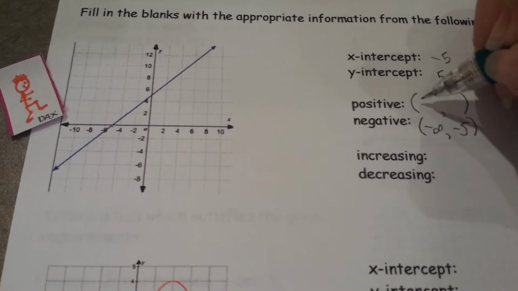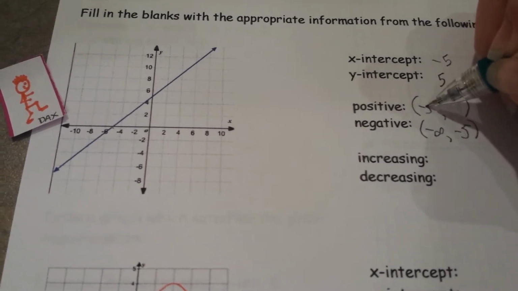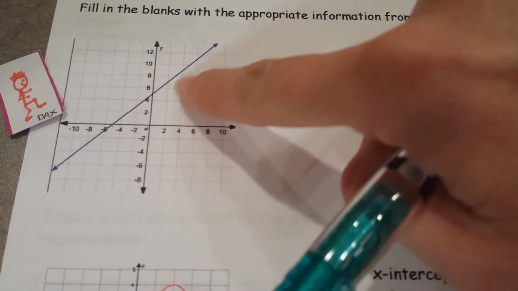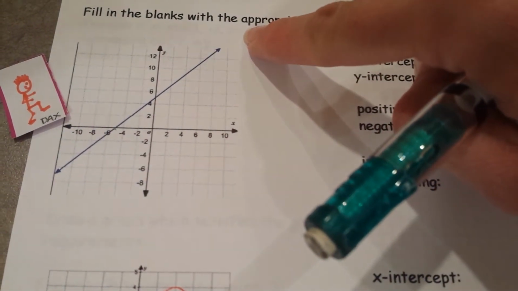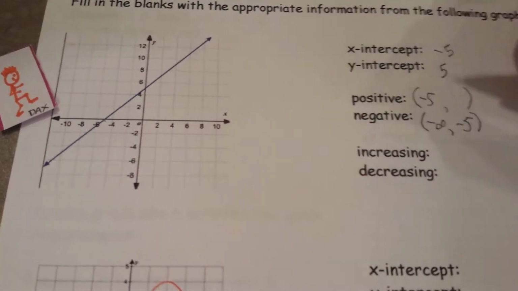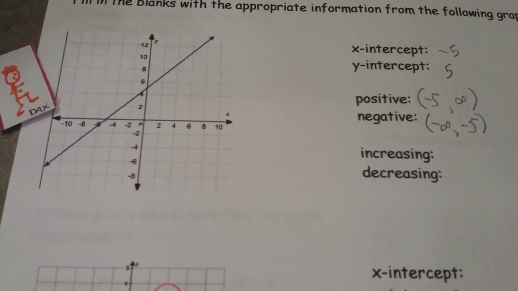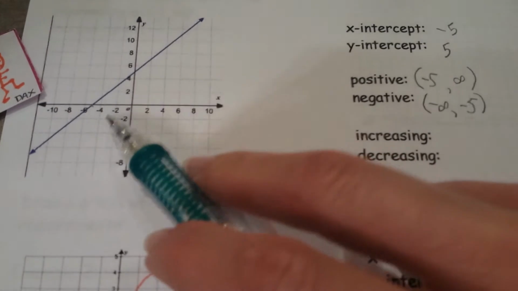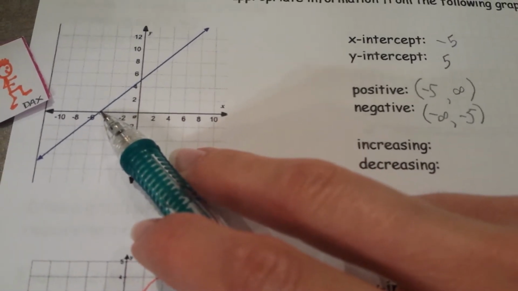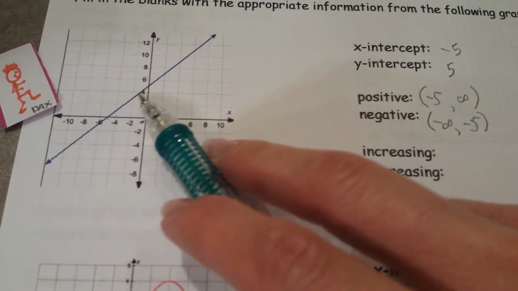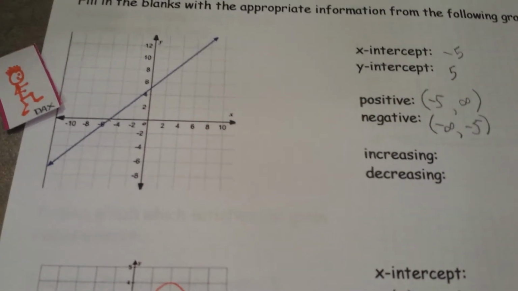And then he starts being positive from -5, and then he's positive forever and ever in both the up direction and the right direction, which means he ends at +infinity. Okay, that graph is positive starting at -5 on the x-axis, because we're talking about Dax with an x. Starting at -5, it becomes positive for the rest of its time.